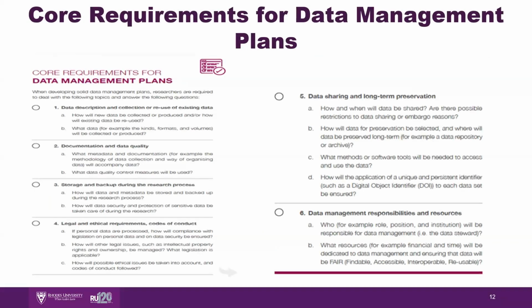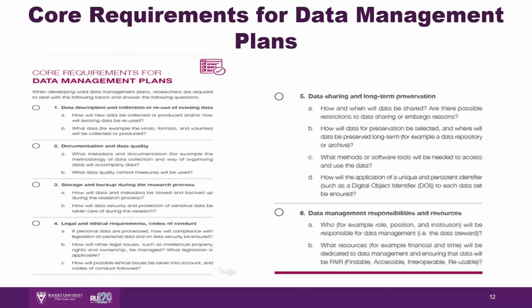Now, structurally, the data management plan asks researchers several questions. And there are several prescriptions that have been made in terms of the structure that a data management plan can take. There's none that is particularly authoritative, but there's one that I like, which is called the Core Requirements for Data Management Plans.